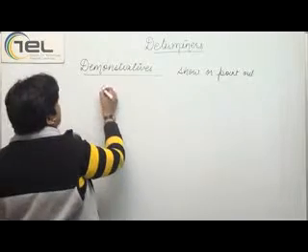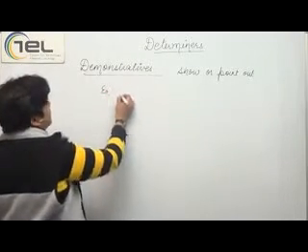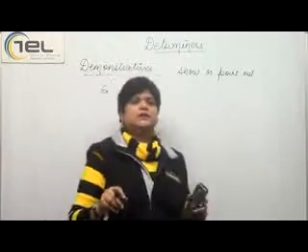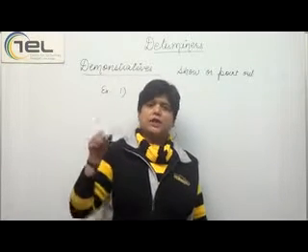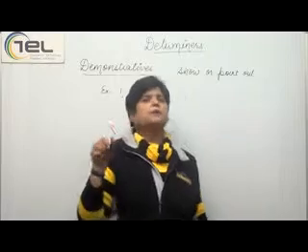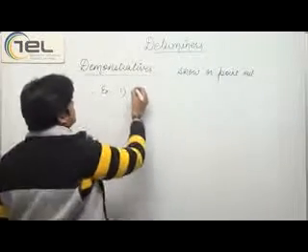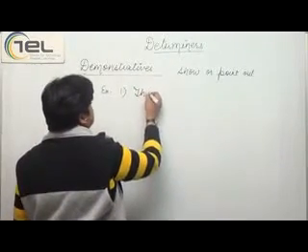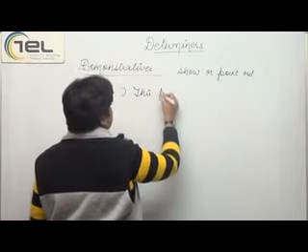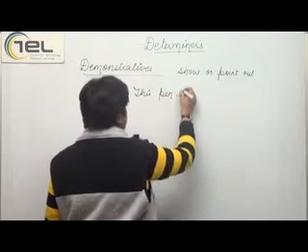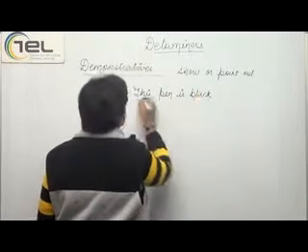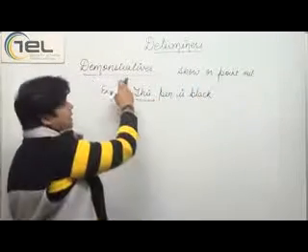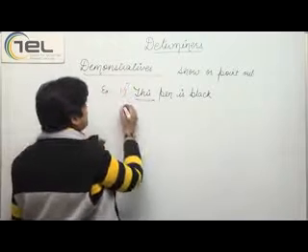Right? For example, if I say, this girl is intelligent. This is a black pen. So what am I doing? I am pointing out, I am showing it, I am demonstrating it. So this pen is black. Here, this would be considered a demonstrative adjective.